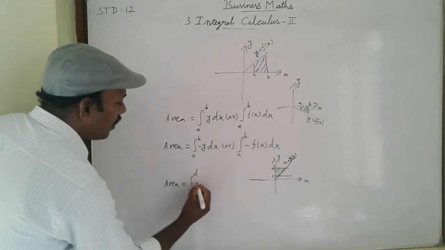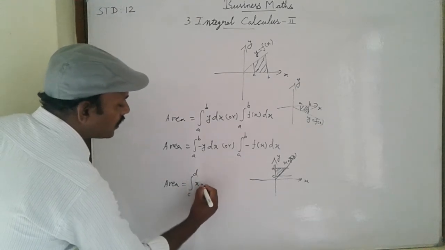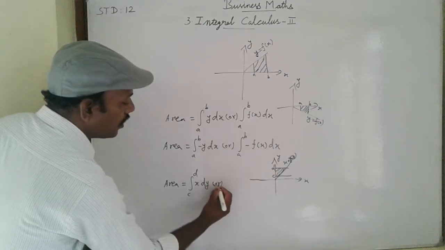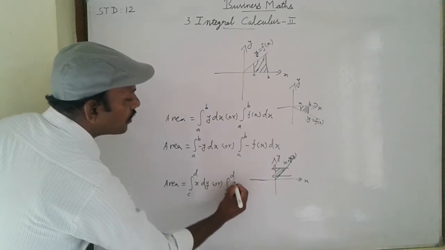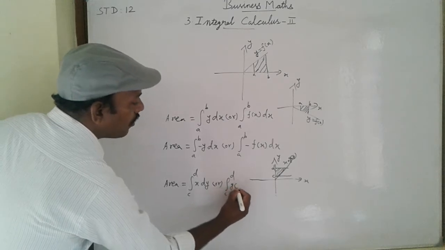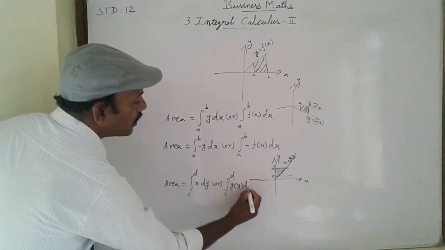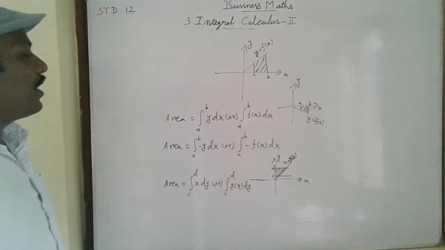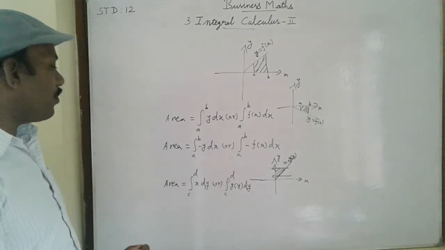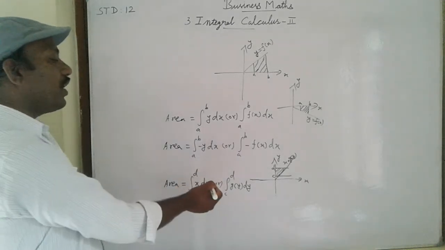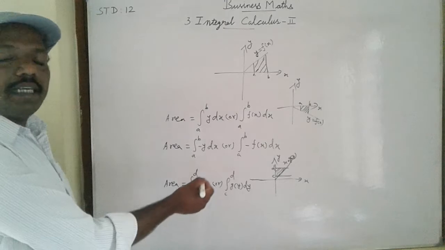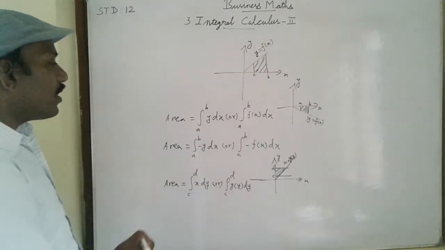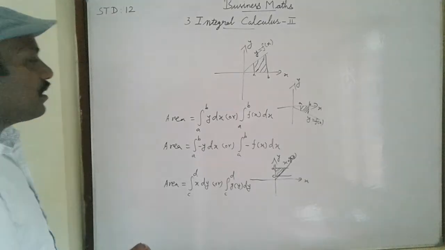So it is x into dy, or the integral from C to D of g of y into dy. This is the area formula with respect to the y-axis.